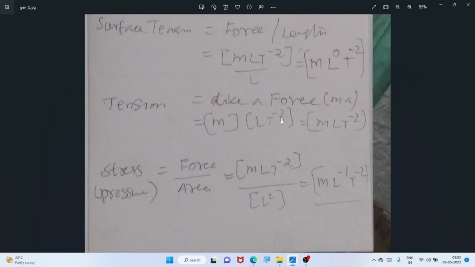Tension is displayed into force, so M LT^-1, MLT^-2.